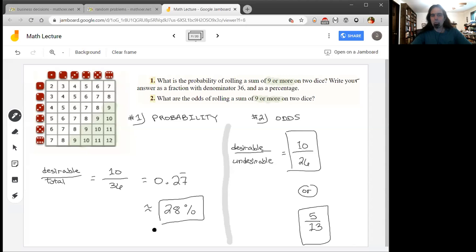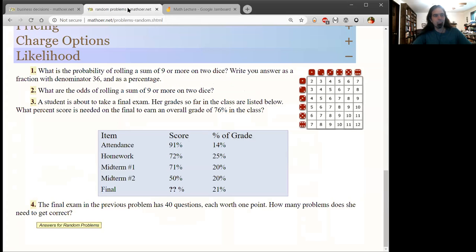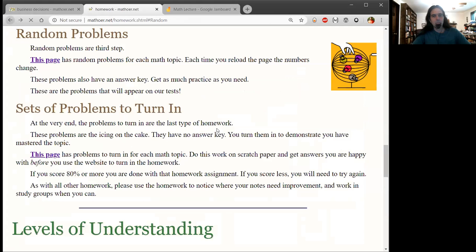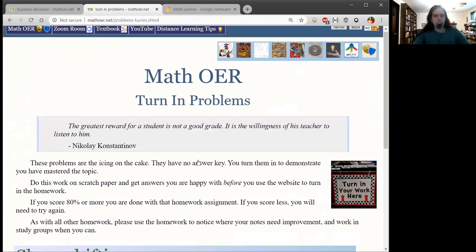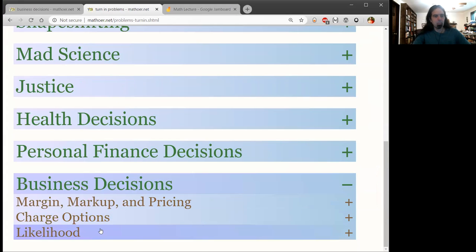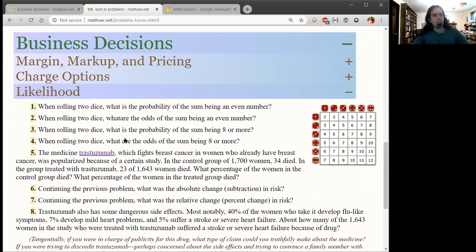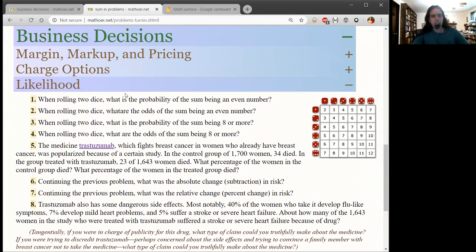Okay, and that's all there is to it. It's mostly just counting and then having in your notes the expectations about how to write your answer. In the take-home problems, then we give you a few different things.